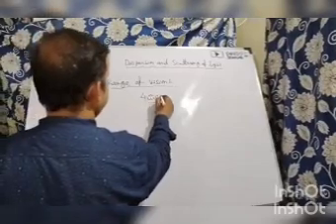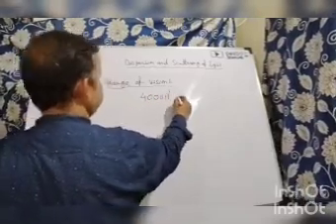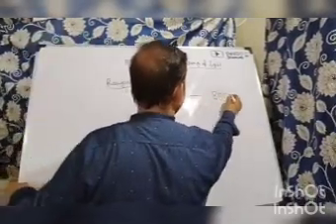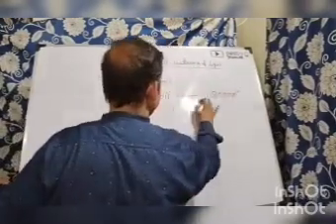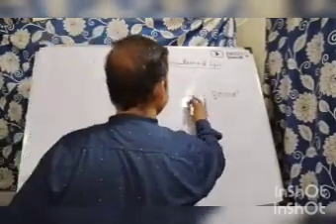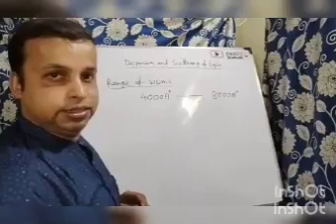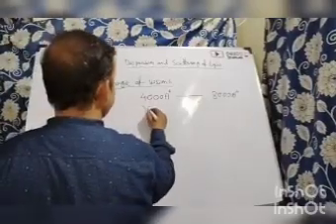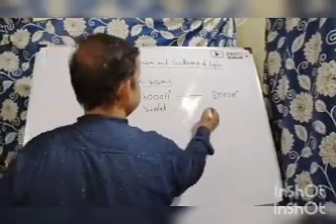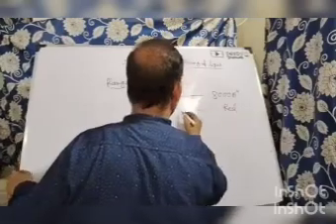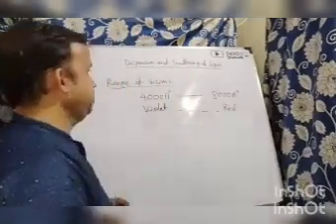The human eye can see only wavelengths from 4000 angstrom to 8000 angstrom. Whatever color of light lies in between, we can see that. So it is violet and red, and all other 5 colors lie in between.